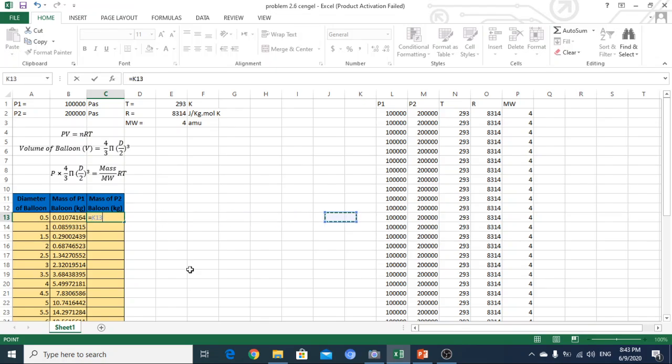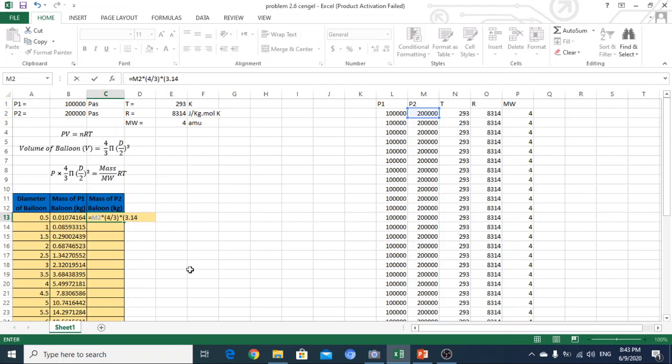equals to the pressure 2 here. And we have to multiply it with the factor of 4 divided by 3, bracket close, and multiply with 3.14, the value of pi.